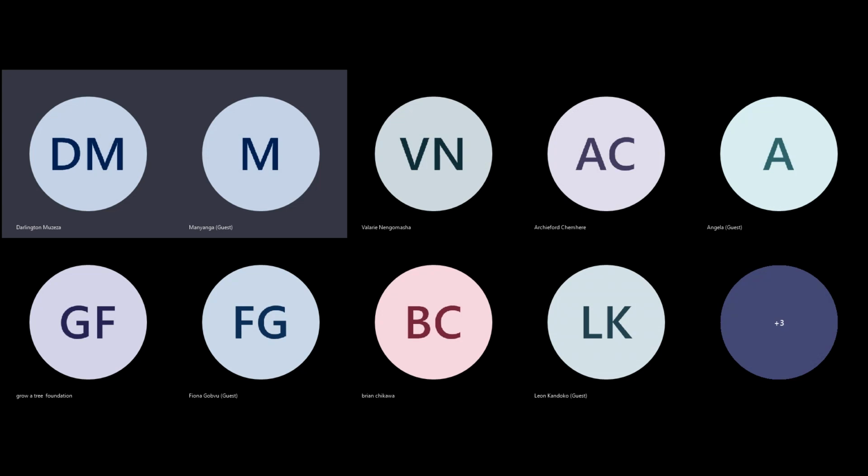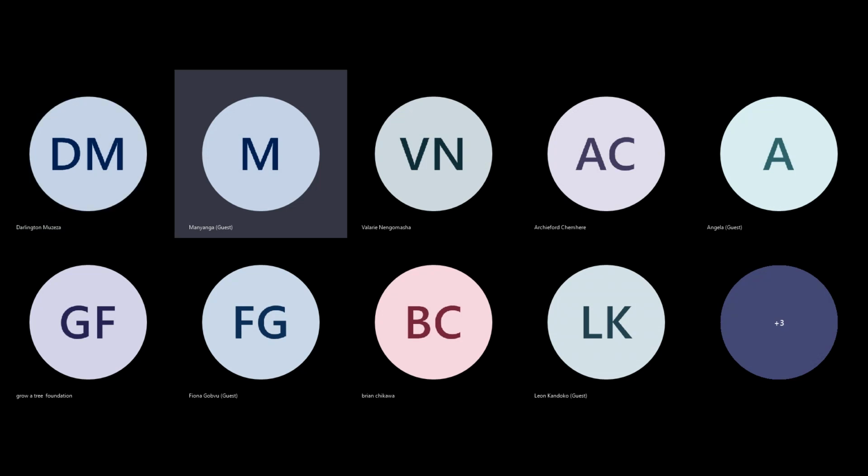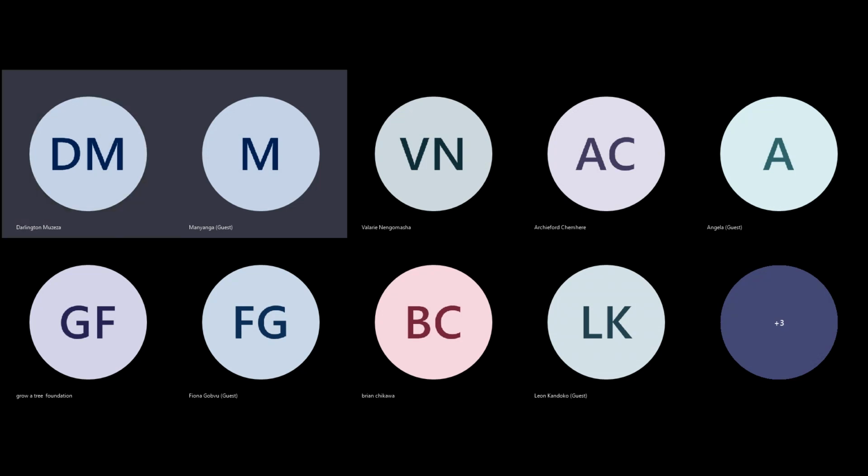I will not dwell much on the impacts because my colleague looked at the various aspects, but it is safe to mention that the impact is right across all the human facets of life.